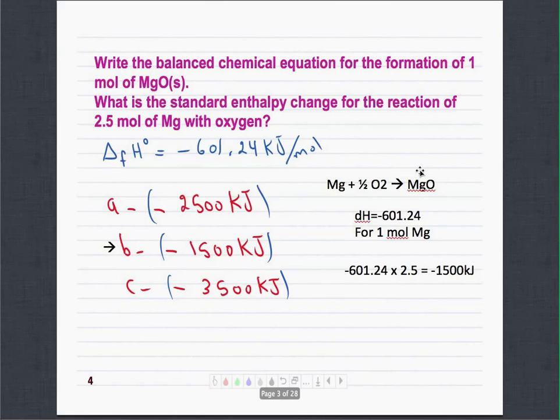But for each 1 mole reaction, I have 1 mole of magnesium. Now, if I have 2.5 moles of magnesium, how much is it? And we're gonna end up with kilojoules. So B is the right answer, okay?